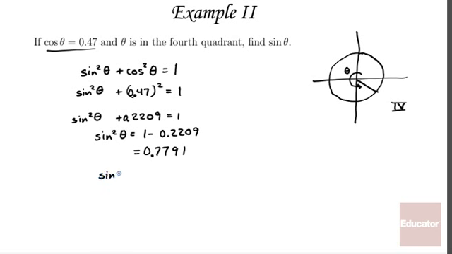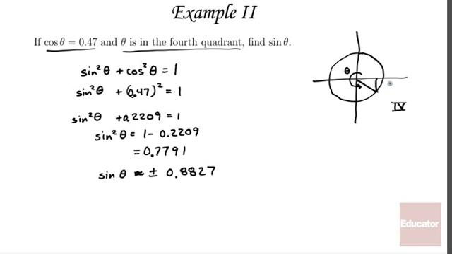So sine theta, if we take the square root of both sides, sine theta is equal to plus or minus the square root of 0.7791, which is approximately equal to 0.8827. Now it's plus or minus because I know that sine squared is this positive number, but I don't know whether the sine is positive or negative. But we're being given more information in the problem. Theta is in the fourth quadrant. And remember, sine is the y coordinate.